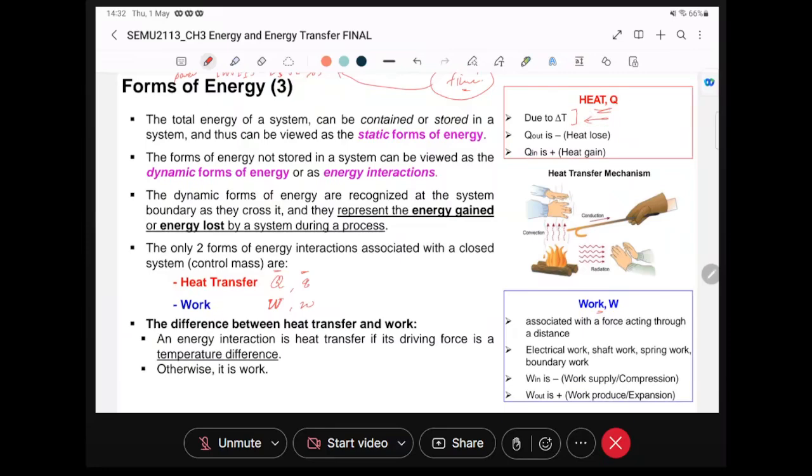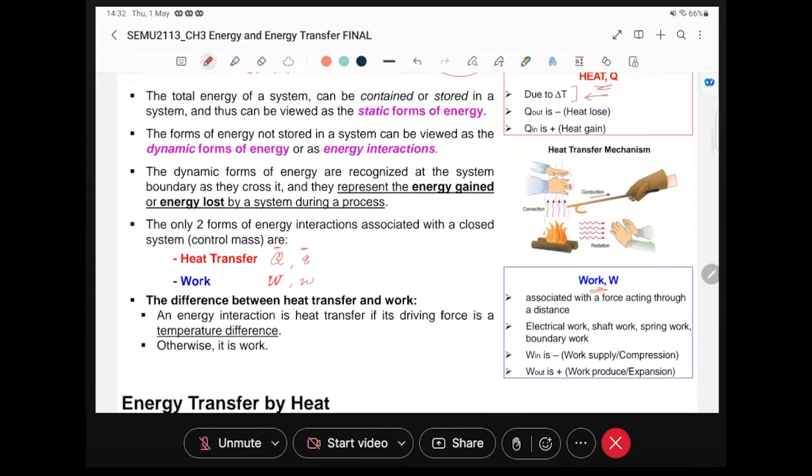Otherwise, it's purely because of work. And for it to be called work, there must be a force acting through a distance, because the definition of work is really F multiplied with X, the force multiplied with the distance displaced.